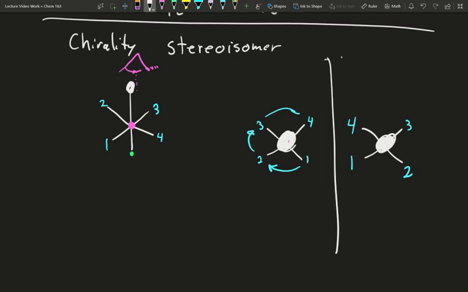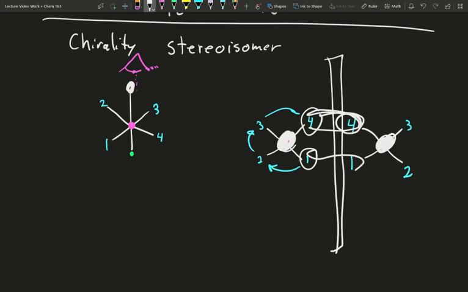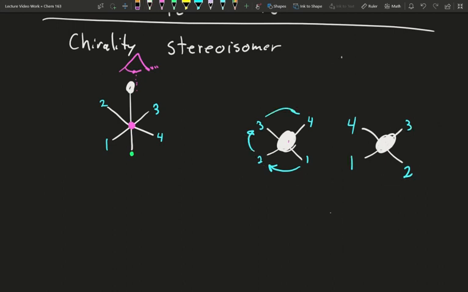If you imagine I had a mirror here, and I held this one up near it, well, the atoms closest would appear closest on the mirror side. So the 4 would be right next to the 4. The 1 would be right next to the 1. Our other atoms would be a little further away. And then the 3 on top far away, the 2 on bottom far away. These are mirror images of each other.